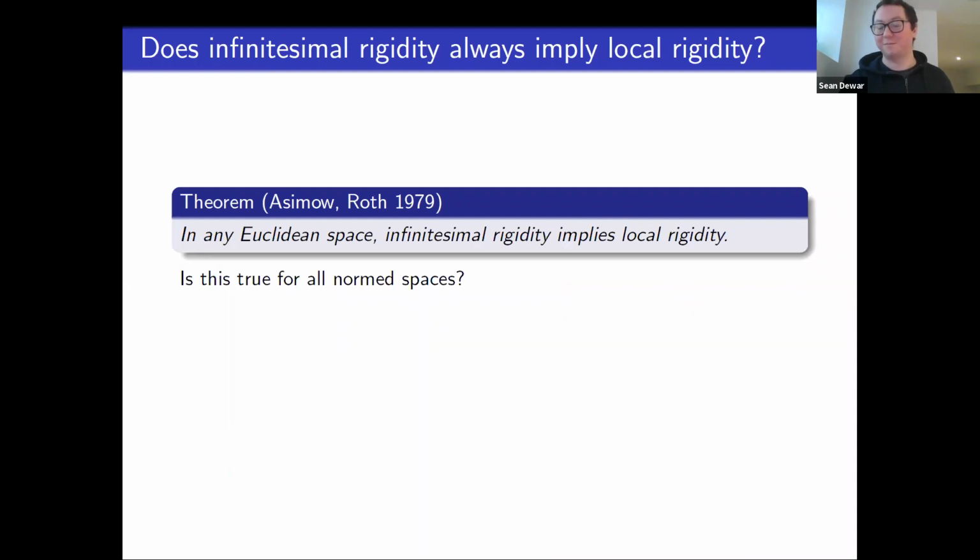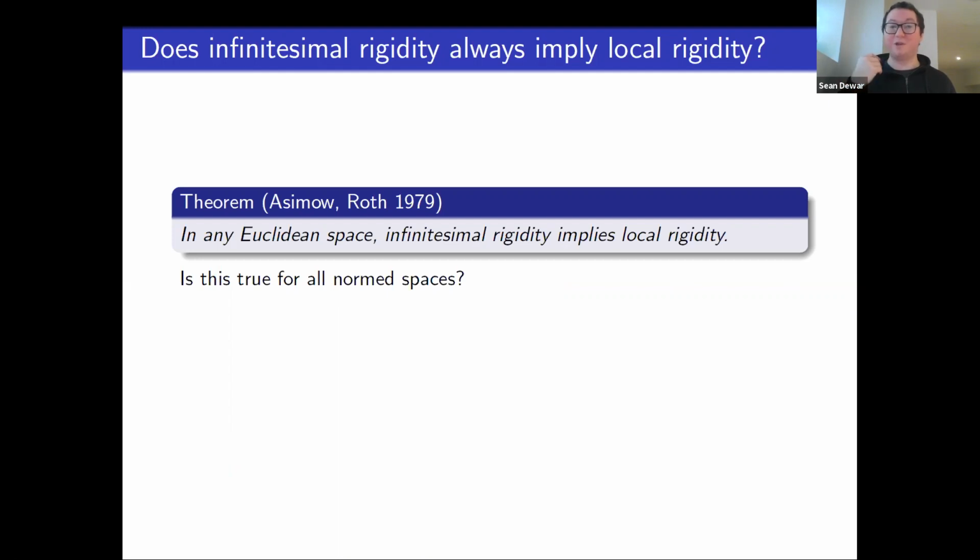Next question. So we said continuous rigidity doesn't always imply local rigidity. Now, I already said on the previous slide about infinitesimal rigidity implying all three, but you notice I did this little caveat that it had to have constant rank on a little neighborhood of it. So what if we don't have that?